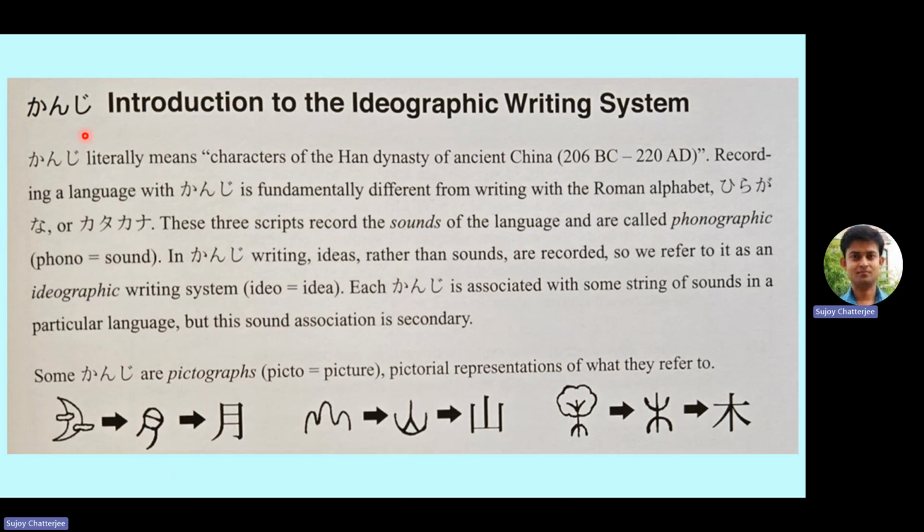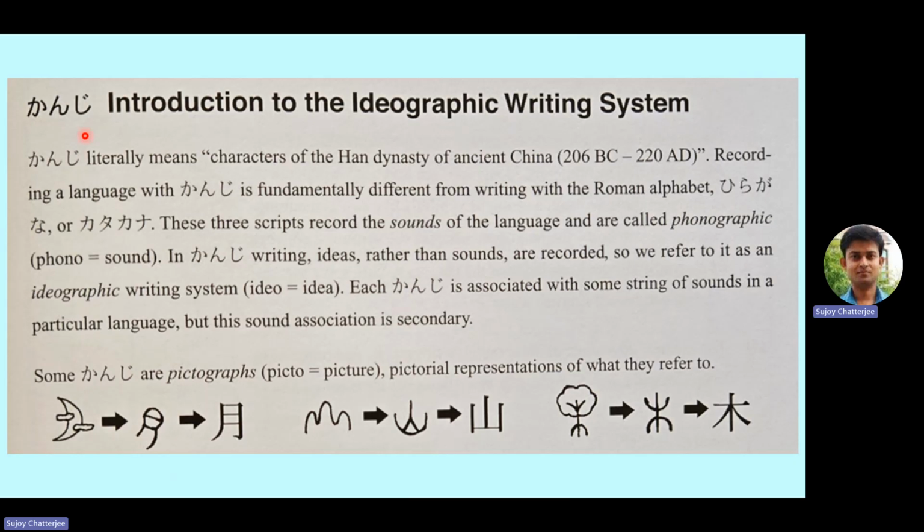And so we refer to it as an ideographic writing system. The word ideo has come from the word idea. Each kanji is associated with some string of sounds in a particular language, but this sound association is secondary. That means the kanji character or a word formed using kanji will definitely have some reading of it. We have to read that. That is there. But that is secondary.